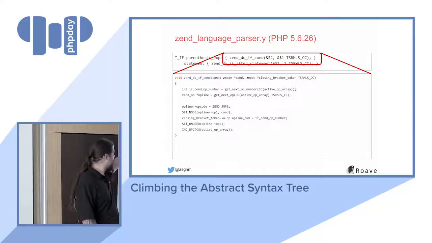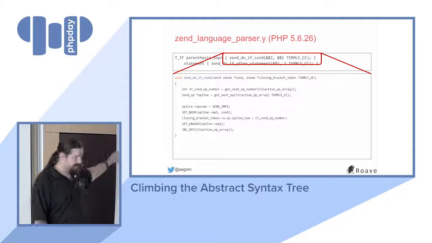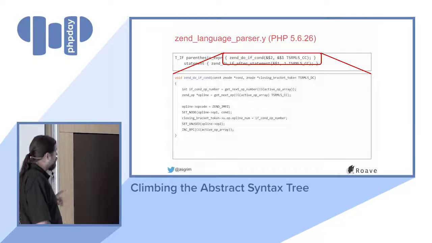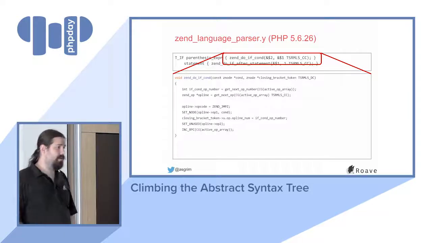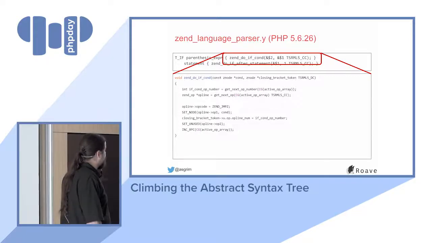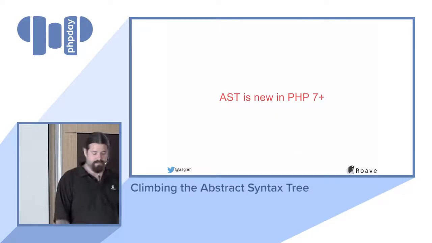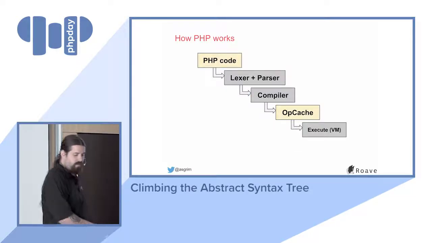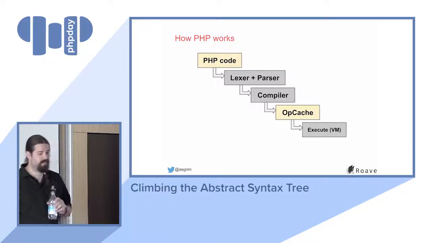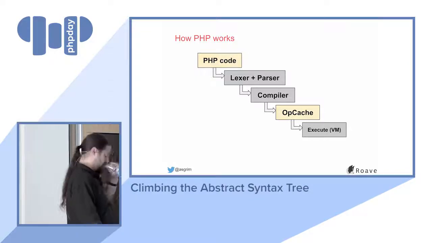But it calls this block of code, and if we look through and try and sort of understand what's going on here, we're actually creating an opcode here directly. So we're creating an opcode and passing that on down the chain. So there's this new thing, this abstract syntax tree. So going back to the first diagram, the result of the parser in PHP 7 is the AST, right? That's fed into the compiler, which translates into the opcodes, and then the opcodes are then executed.